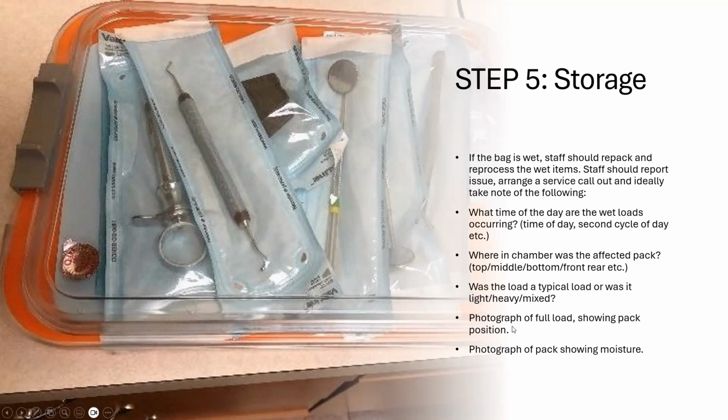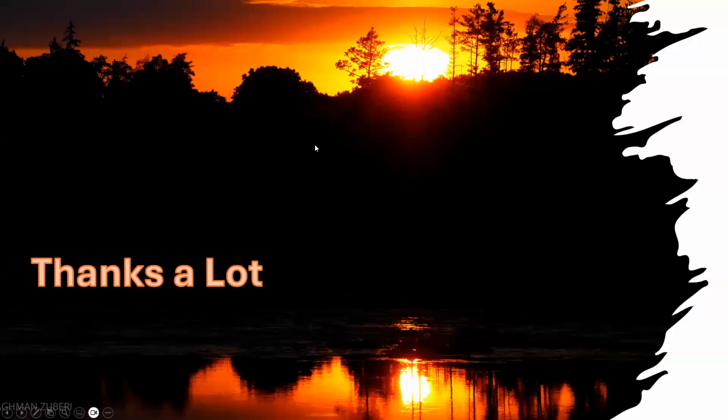Take a photograph of the full load showing pack position, and a photograph of the pack showing the moisture. So over here we are done with this 4th lecture of this series.